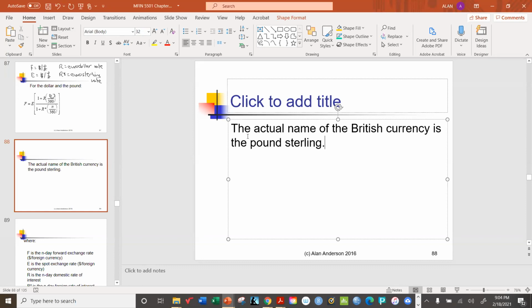It's actually known as the pound sterling, which refers back to the Middle Ages when all coins were made out of silver. So it really meant silver. The pound was literally made out of silver, and so the name has stuck with us to this day. So in the euro currency markets, they're not called euro pounds, they're called euro sterling. I think you'll agree it sounds just a little bit more elegant, sterling rather than pounds. Anyway, that's the origin of that name.